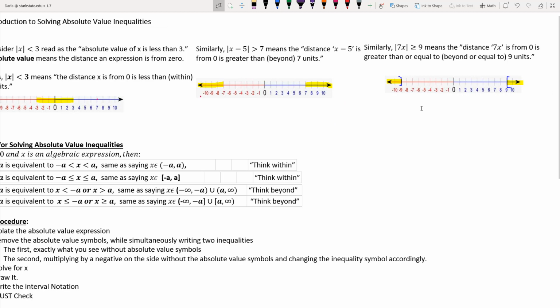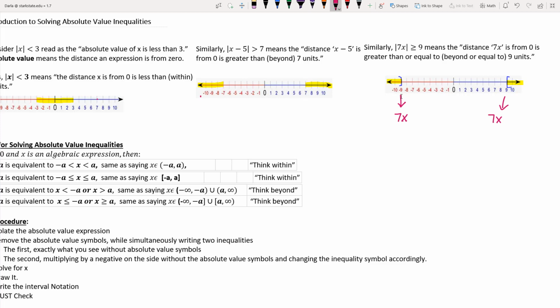Our last of the three examples is the absolute value of 7x is greater than or equal to 9, which just means the distance 7x is from 0 could be equal to 9, or it's greater than 9 or beyond 9 units. So I'm going to go ahead and look to the left of 0. 9 units away would be at -9, and 9 units to the right of 0 would put our 7x at 9.